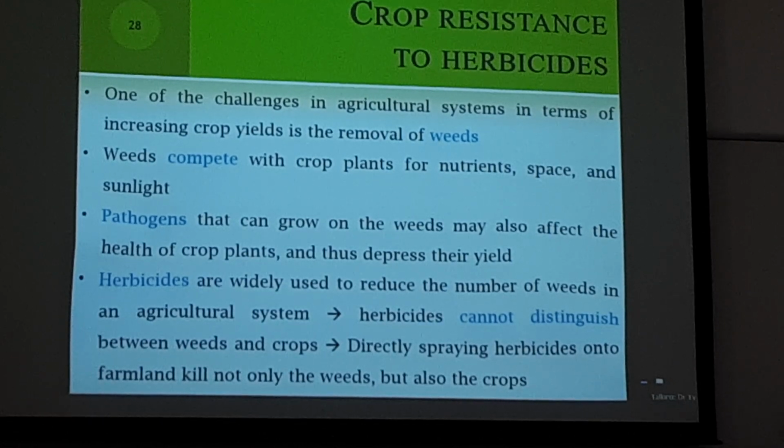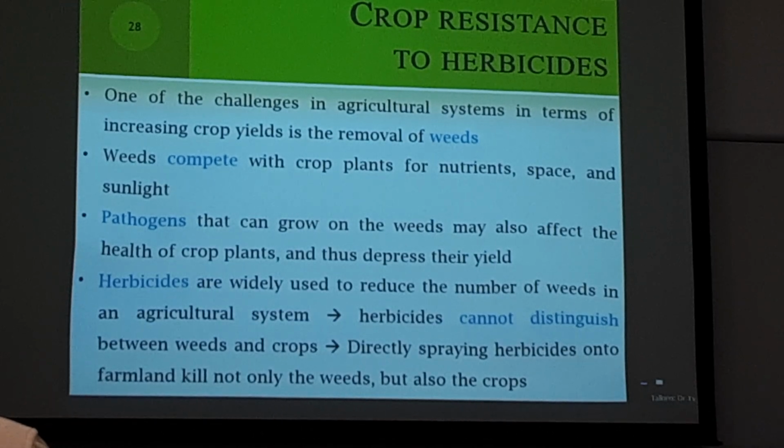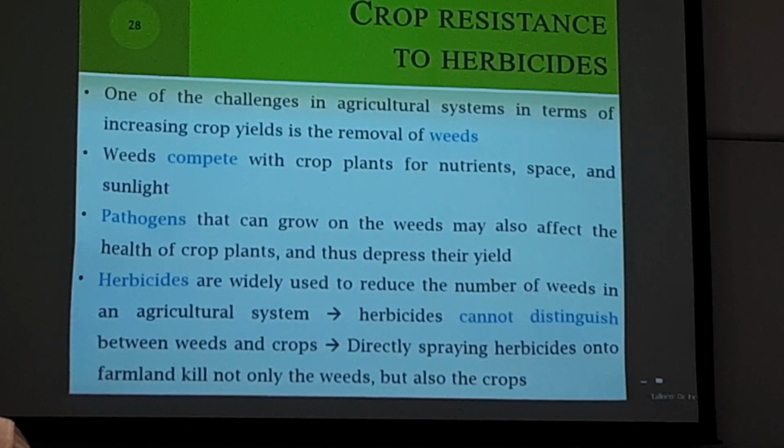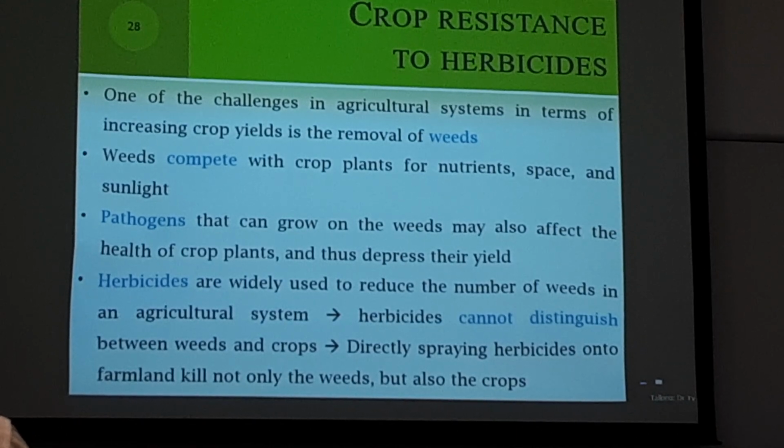Then identify the gene that can give you this function. So identify the target gene, then take out the target gene by DNA isolation, then put it into the target organism, like a crop, and then screen to find out which plants are really transgenic, because it is not a 100% successful way when you try to put DNA into another organism. So you also have to be able to screen.